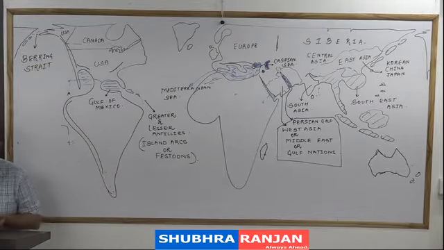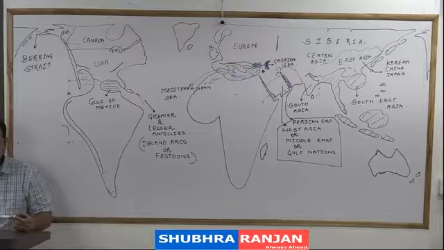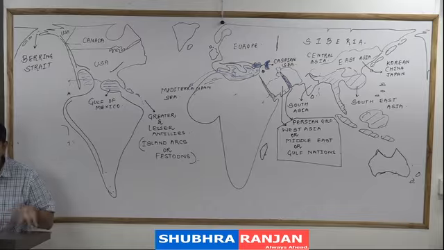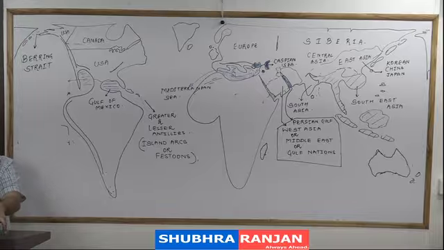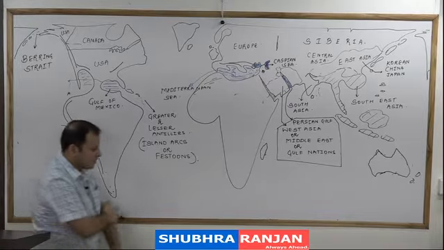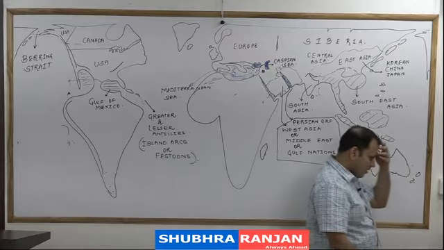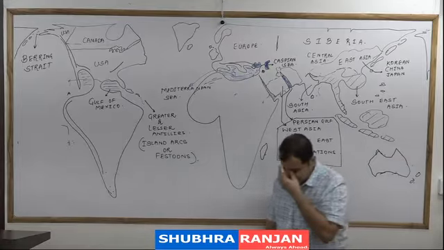Important straits in the world are Bering Strait. It separates which two continents, you tell me? Asia and North America. Or separates which two countries? Russia and USA. So note down, it separates Asia from North America or Russia from USA.